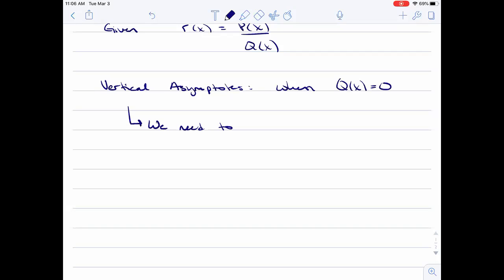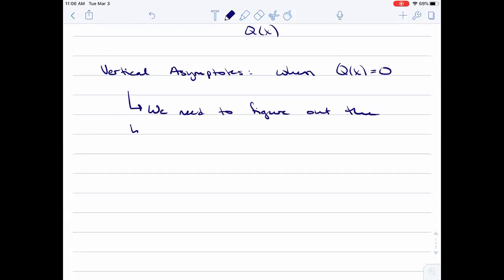And so we need to figure out the behavior of r of x as x goes towards the vertical asymptotes. Potentially more than one. All right. This is where we can use some sort of table of values, right?